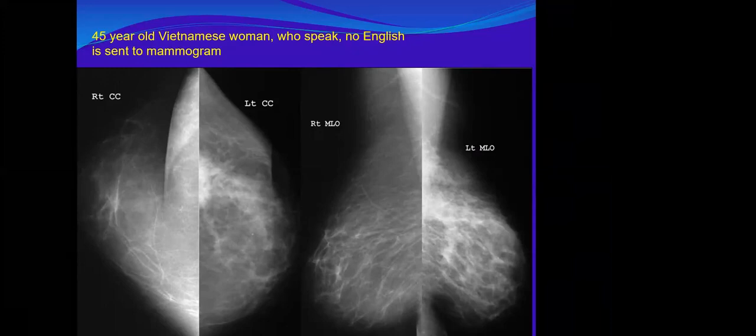So this is the mediolateral and CC views. On the left side, there is a global asymmetry.